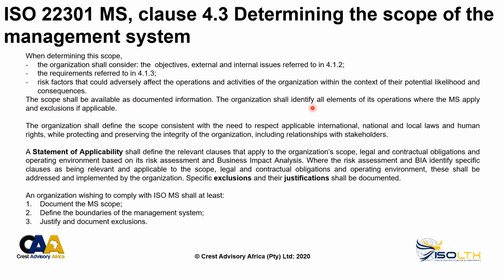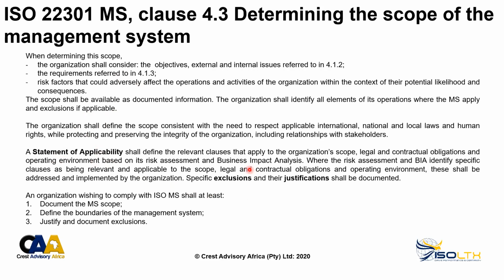The organization shall identify all elements of its operation where the management system applies, and exclude where it is not applicable. There has to be a gap analysis to determine where you are and where you need to be. The statement of applicability is where you go through your scope document and say: this is within my scope, this is outside of my scope.